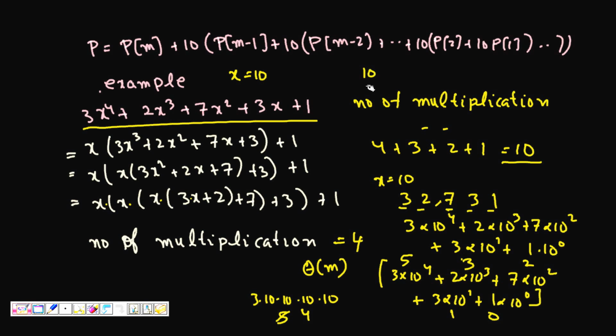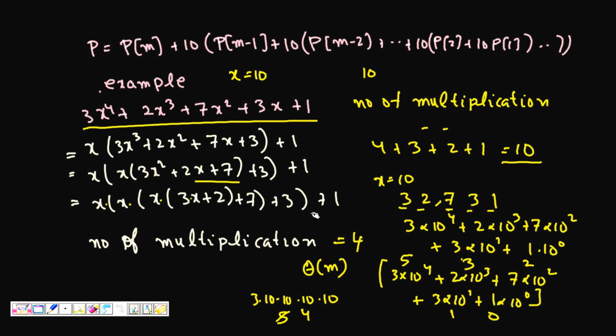But with Horner's rule, we take x common, so it becomes x times (3x cube plus 2x square plus 7x plus 3) plus 1. Now again inside that bracket take x common, 3x square plus 2x plus 7, braces closed, plus 3, plus 1. Now again take x common, so 3x plus 2, plus 7, plus 3, plus 1.